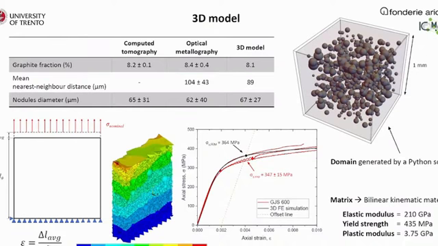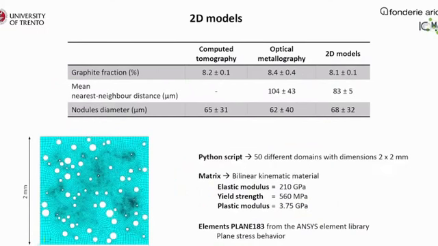Then we carried out other simulations with the 3D model under different biaxial loadings. However, these simulations are very, very computationally costly. So we decided to try another approach with two-dimensional domains in order to collect more reliable results and do a little bit of statistics also.